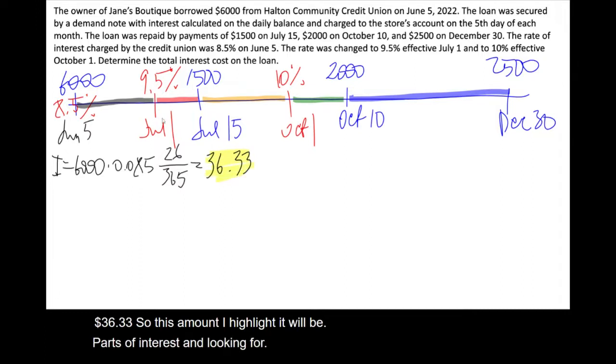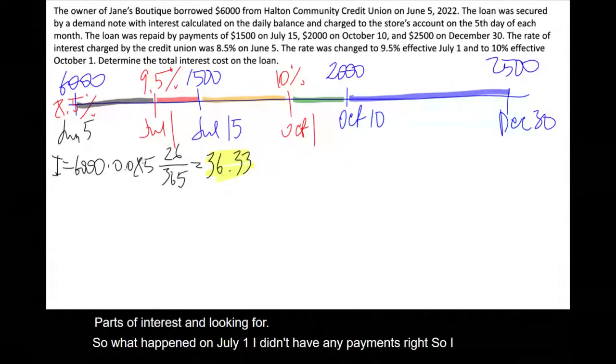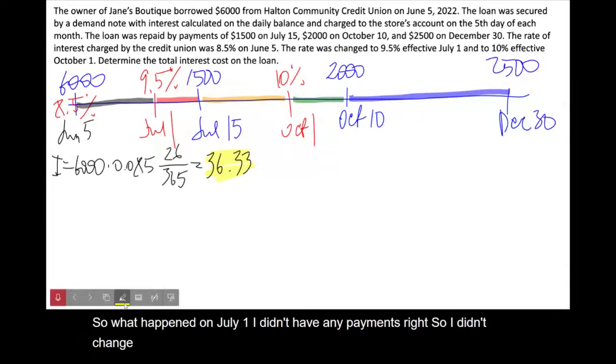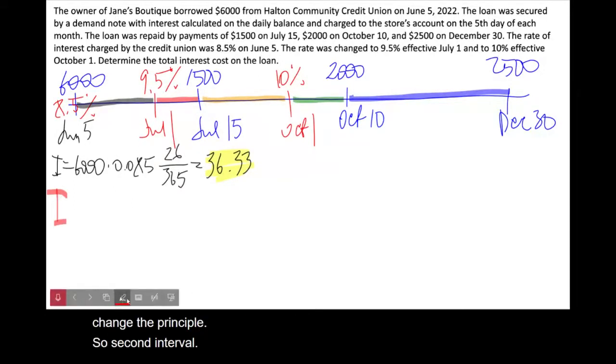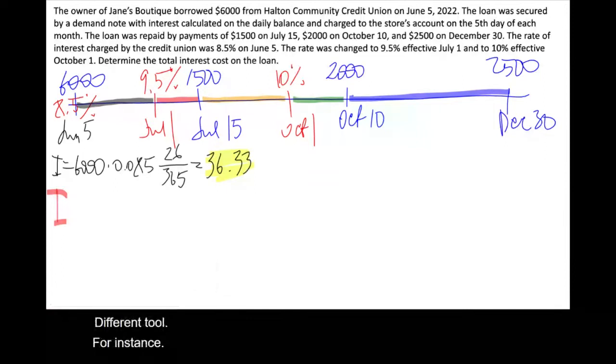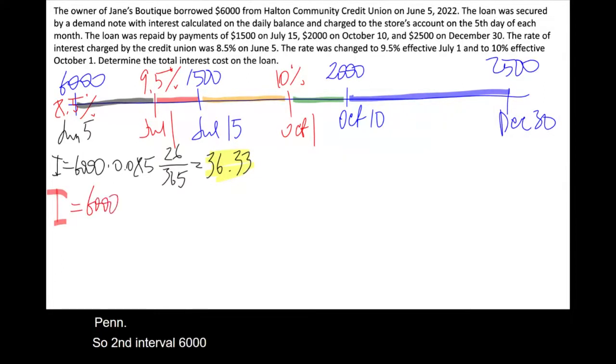So what happened on July 1? I didn't have any payments, right? So I didn't change the principal. Second interval, I need a different tool, for instance, a pen. Second interval, $6,000 again. The interest rate is different.